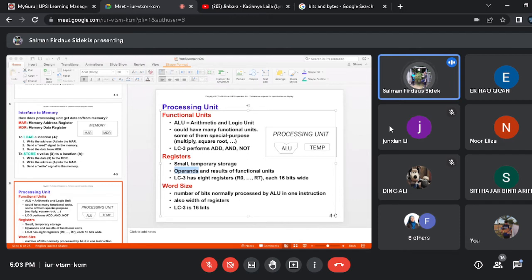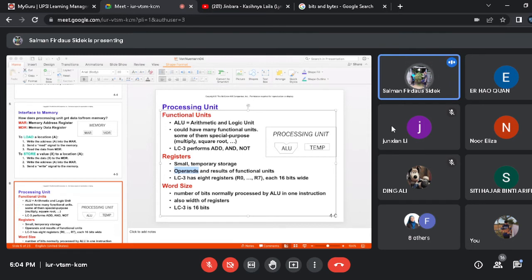So what if you only have 16 divided by 2, 8 bits? What terms can we use to refer to the 8-bit sequence of numbers? Half word, or byte. B-Y-T-E, byte. So half word is fine, byte is fine.